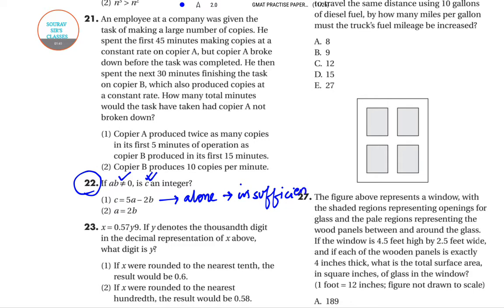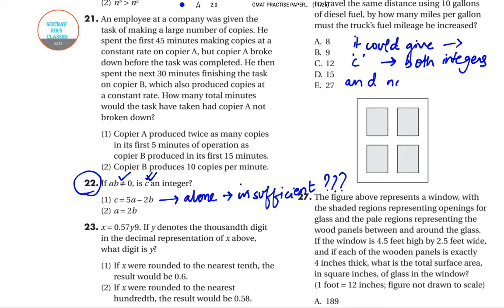Now the question arises, why? The reason is it could give values for C that are both integers and non-integers.